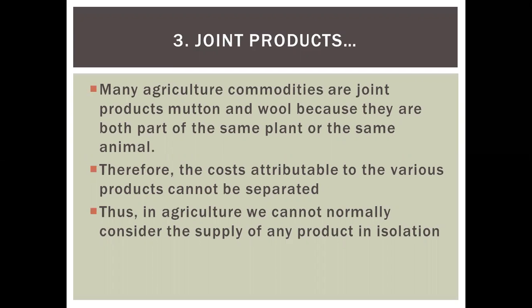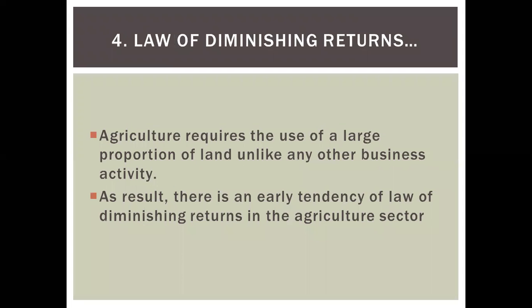Thus, in agriculture, we cannot normally consider the supply of any product in isolation. You cannot increase the supply of milk alone. You cannot increase the supply of meat alone. So therefore, it is very difficult to manage the supply of a particular commodity in the agriculture sector.